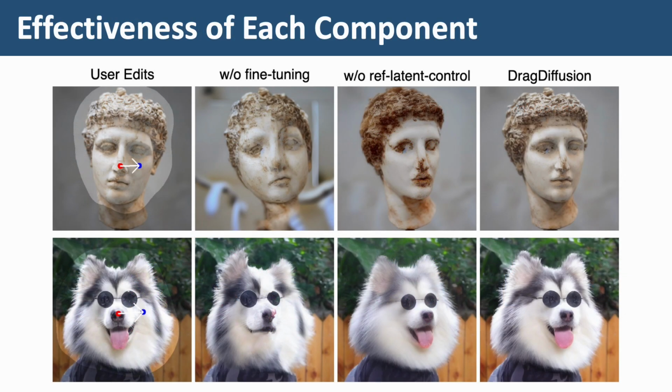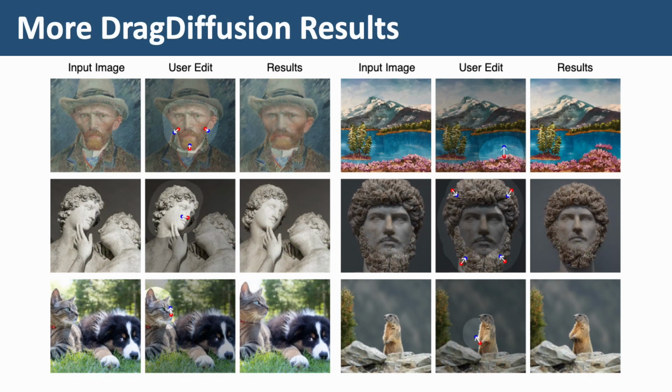Here, we evaluate the effectiveness of conducting consistency fine-tuning and reference latent control. As can be seen, when combining all these components together, our approach yields the best results. Here, we show more results to demonstrate the effectiveness of our method.